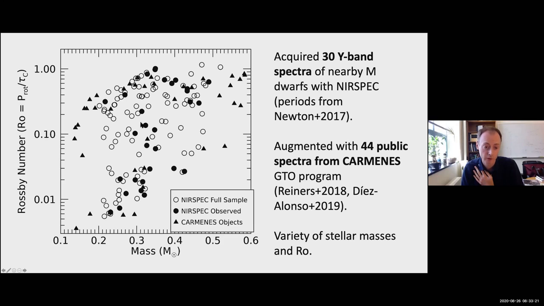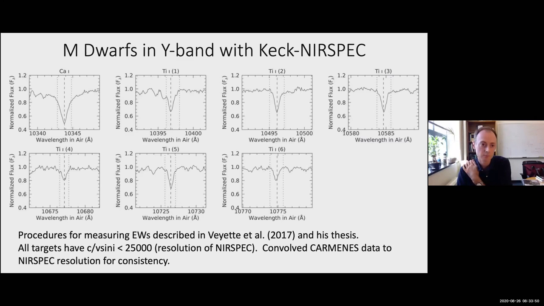We observed the filled circles, and so we got a nice wide range of Rossby numbers at any given mass, and then we supplemented it with publicly available spectra from the CARMENES survey. So thank you so much to the CARMENES team for publishing their spectra, making it publicly available so we could play with it. And so we basically have dozens and dozens of M-dwarfs spanning a range of masses and Rossby numbers with observations in Y-band with these very deep titanium lines.